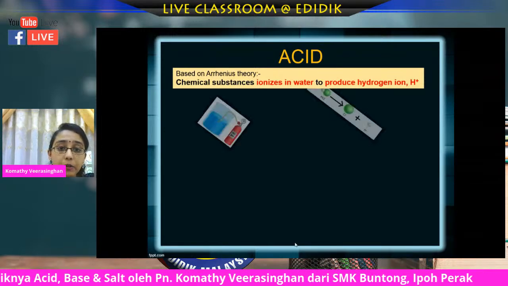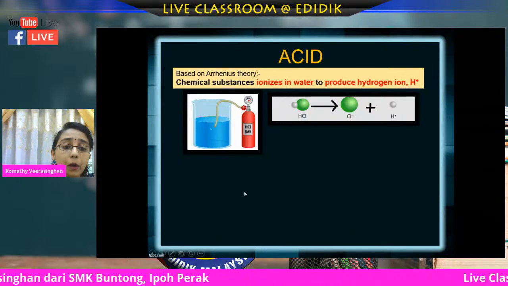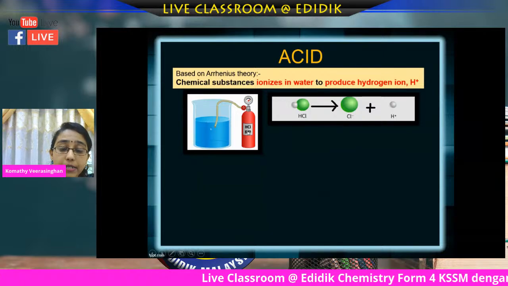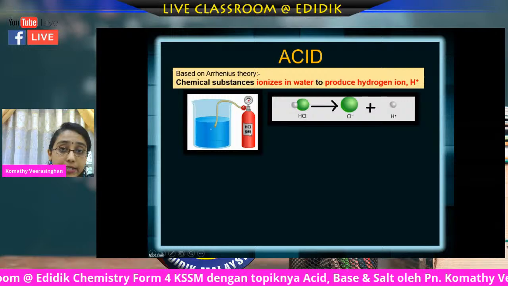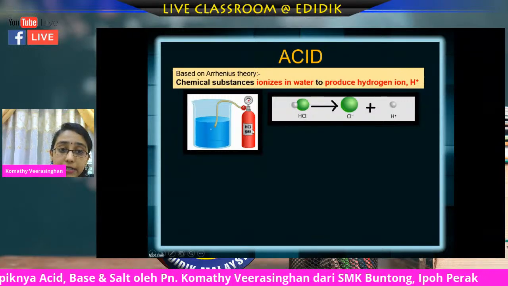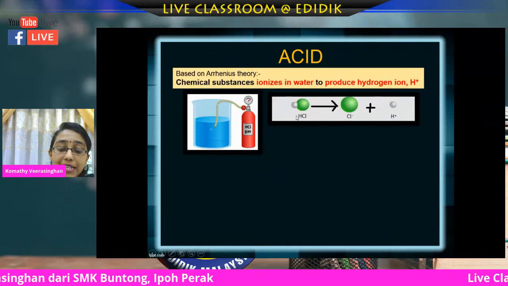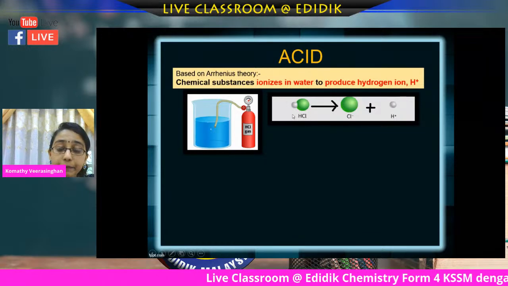So let's look closer at this diagram. Okay, over here, as you can see, HCl gas. What is HCl? Hydrogen chloride gas, right? When this hydrogen chloride gas is in its gaseous state, it will exist in the form of molecules. Can you see the structure?